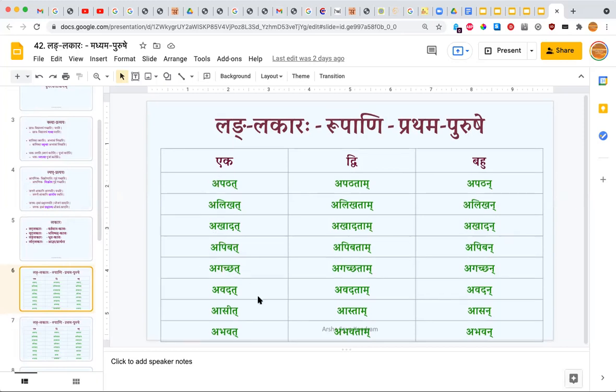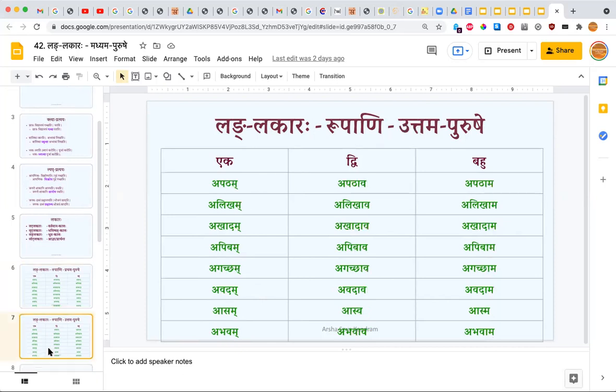So this is not the upasarga, just the letter a will come in the front. So that was for prathama purusha.